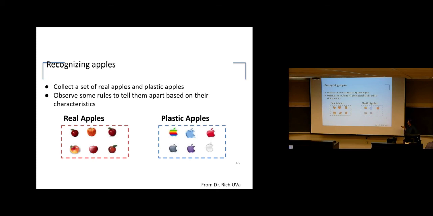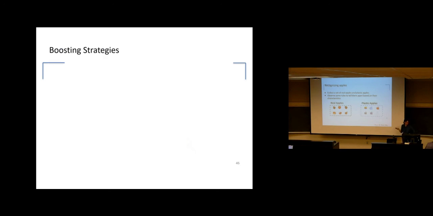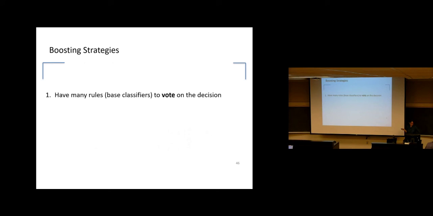So you try to classify real apples versus plastic apples, and you try to make it super simple. You try to learn super simple decision rules as base learners.